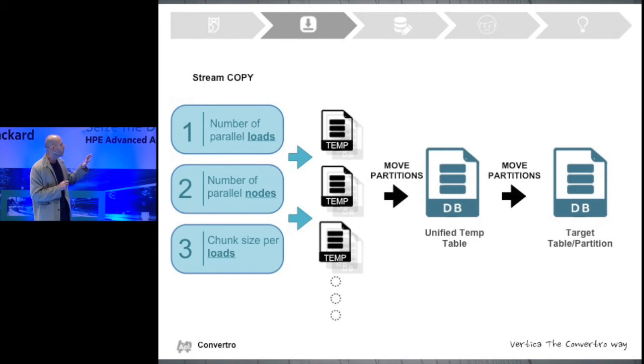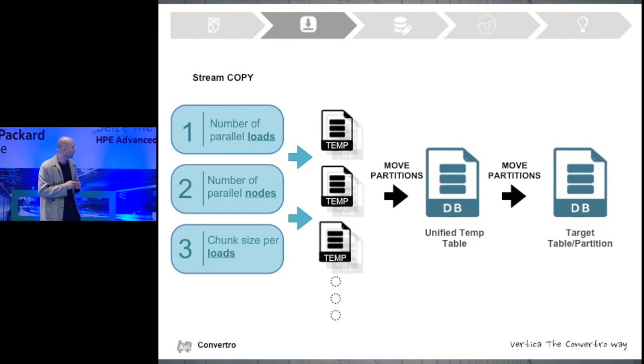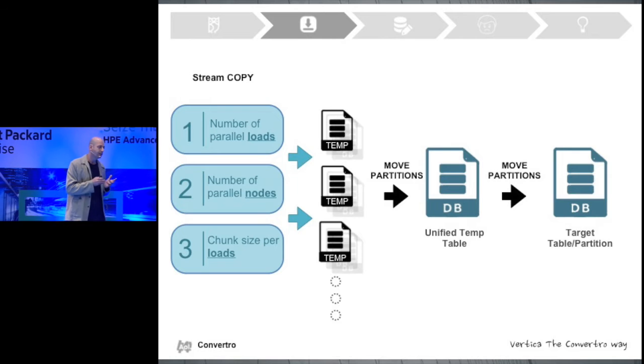On the left side, we can control how many parallel loads will be on the entire cluster, how many copies will be on the entire cluster, and we can even go deeper and control parallelism on each node. On top of that, we can decide the size of each load in gigabytes or number of rows, and then scale up or down based on our needs.